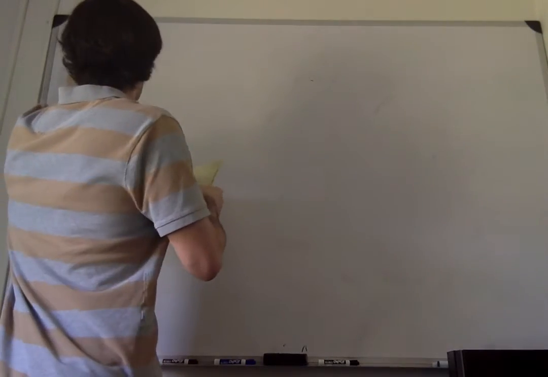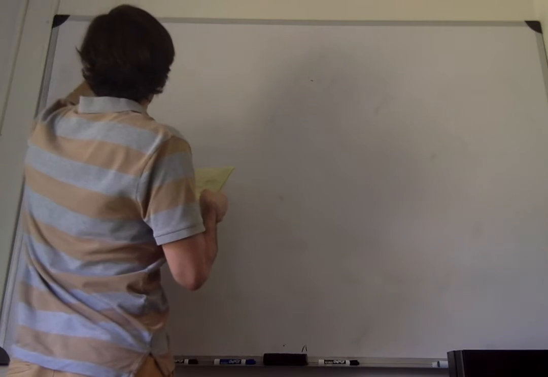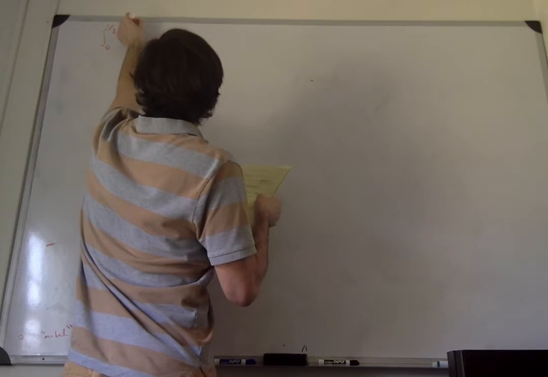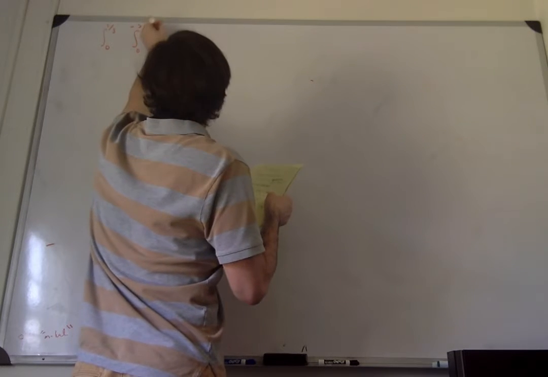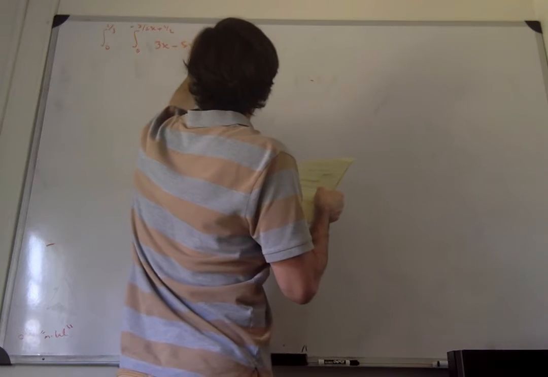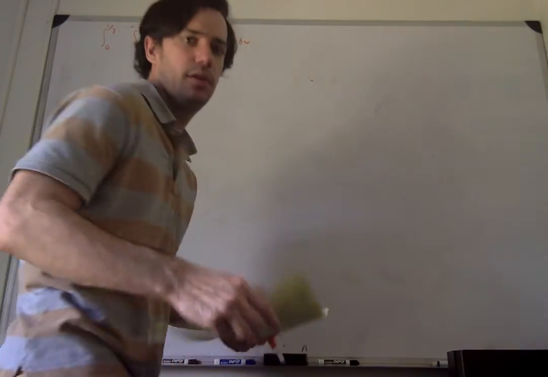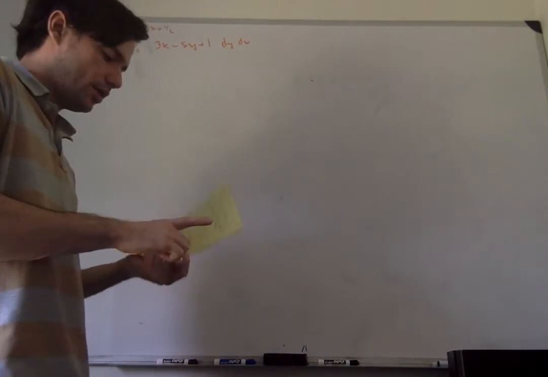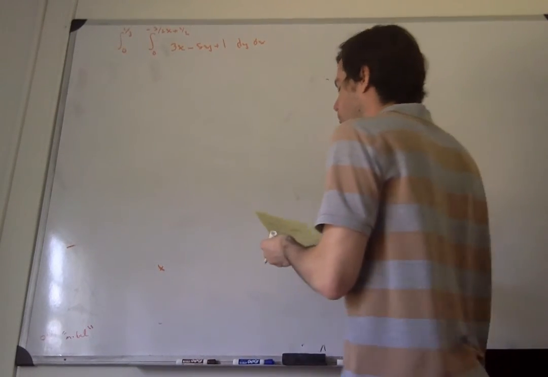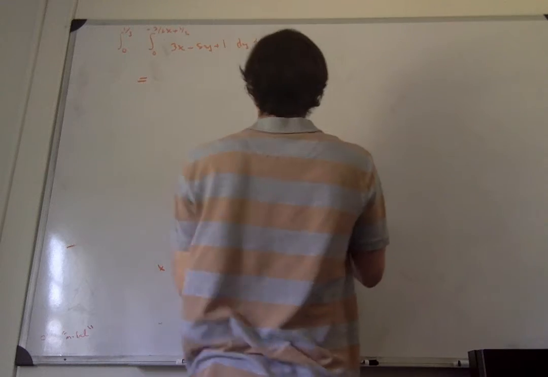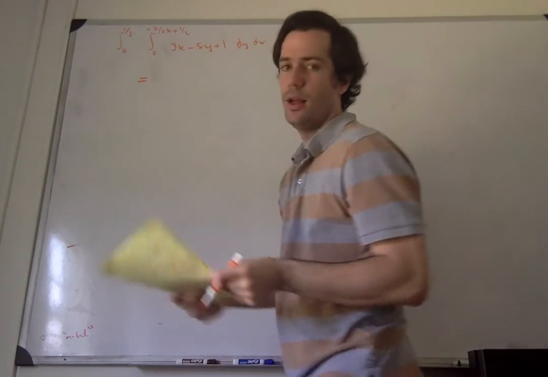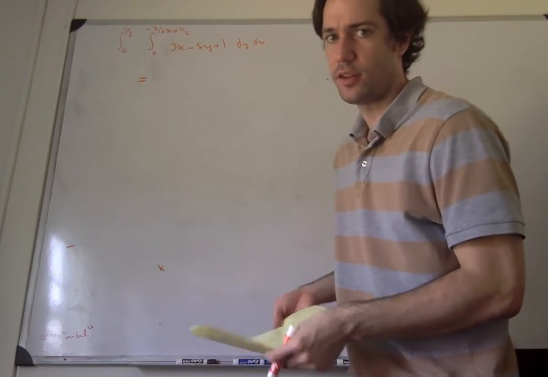So if we rewrite this, okay, 0 to 1/3, 0 to negative 3/2 x plus 1/2, 3x minus 5y plus 1 dy dx, right? Let me let you see all that, okay? So I'm going to collect the 3x plus 1 because those don't have any y's, and we're integrating first with respect to y.